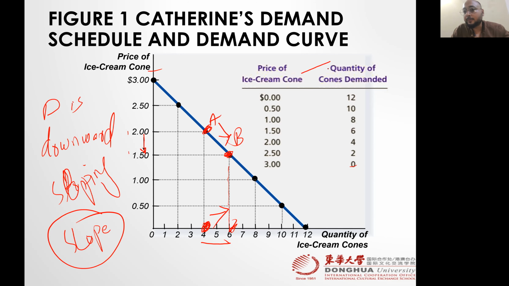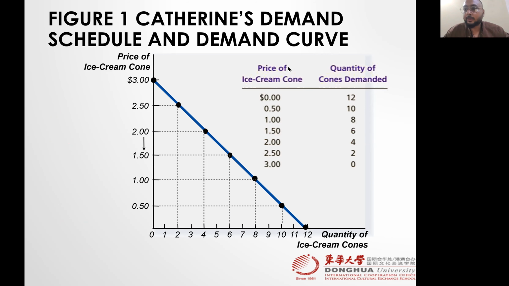So this perfectly follows the demand schedule from 2 to 1.5, right? So it means this is the demand curve. We find out some hint that it is downward sloping and it follows the law of demand, right?